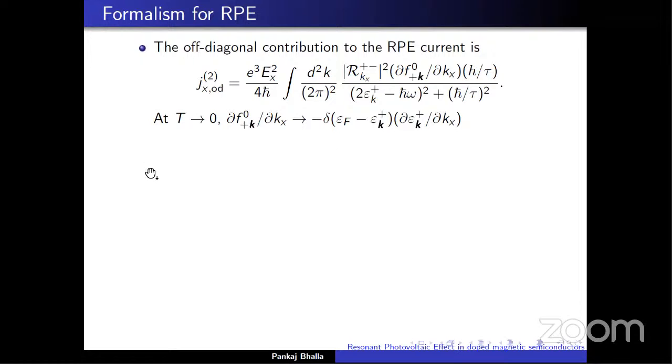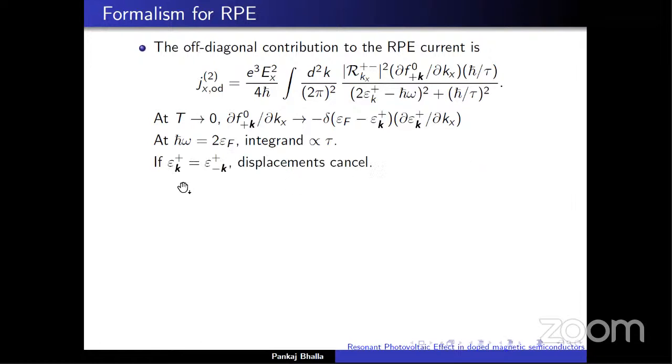Now, if we solve this integral with the delta function, one can see that the integrand, at h bar omega equal to twice epsilon F, will become proportional to tau, which means that when tau tends to infinity, this will diverge. That's the reason this is only for the doped materials, not for the clean ones.